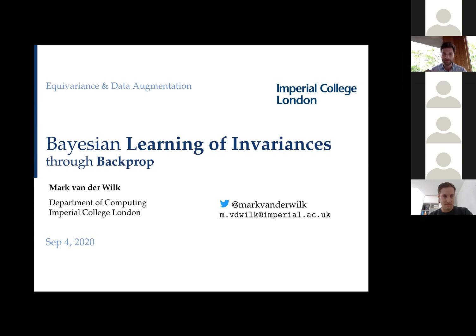It would be amazing, I think, if the data could tell us what invariances were needed to improve the generalization capability of a particular model. So I see this work as a step towards allowing machine learning to do that, and making this as easy as training weights in a neural network.